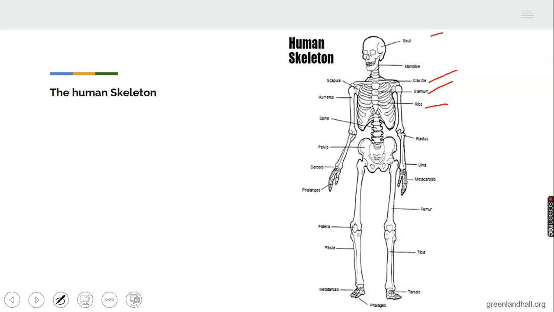We have the ribs. We have the forelimb made up of radius, ulna, and humerus. Bones of the finger called the metacarpals. The femur, the upper bone of the leg, the tibia, and the fibula, and the tarsal.